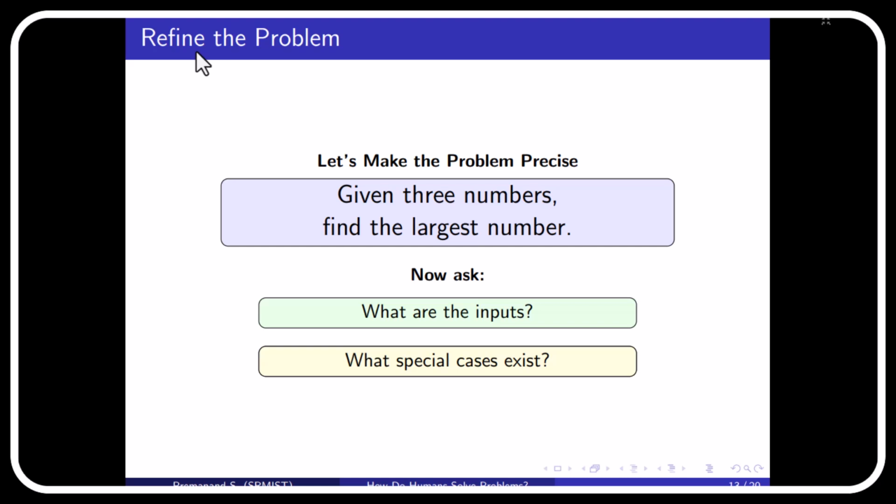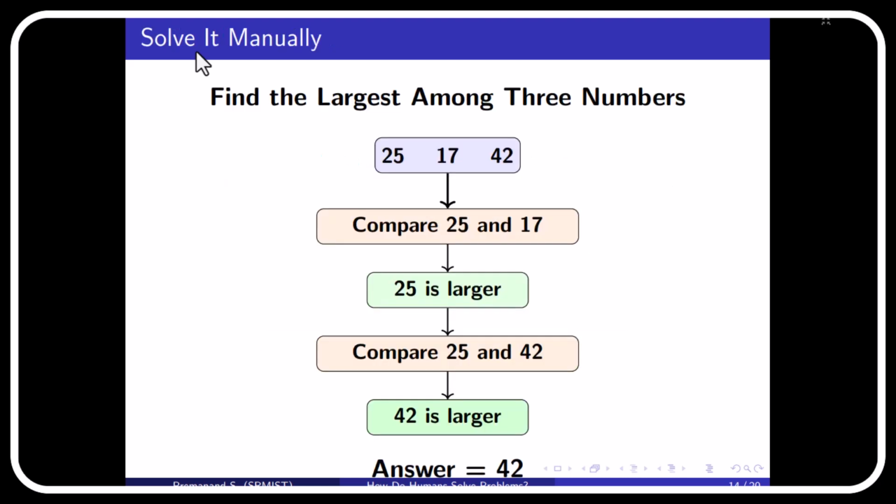But we should still think about special cases. What if two numbers are equal? What if all three numbers are equal? What if all three numbers are negative? This is what it means to refine a problem. The clearer the problem, the clearer the path to the solution. Now, the problem is clear. Let's solve it before writing code.